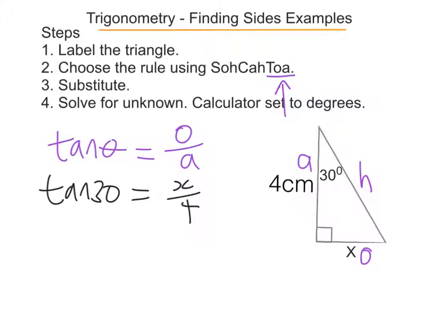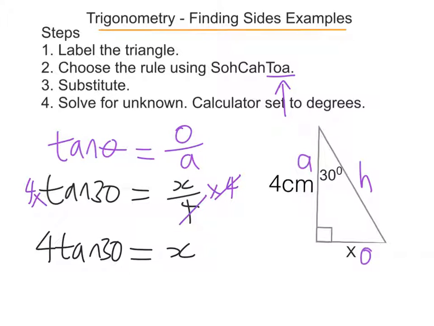Once we've done that, we can solve. Now you'll notice that the thing that's stopping x being by itself is the 4. So I need to get rid of that. The opposite of dividing by 4 is multiplying by 4, so I multiply both sides by 4. They cancel on the right hand side, and I end up with x equals 4 tan 30, which means 4 times the tan of 30. Now, tan of 30 is something that you work out on your calculator.